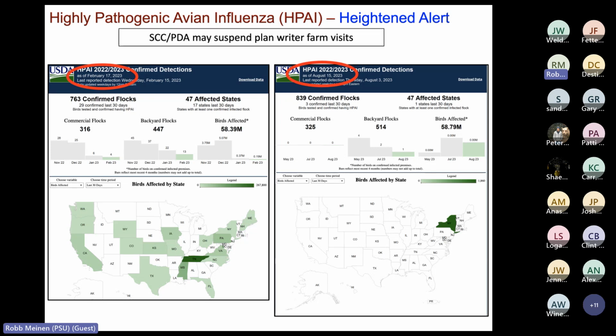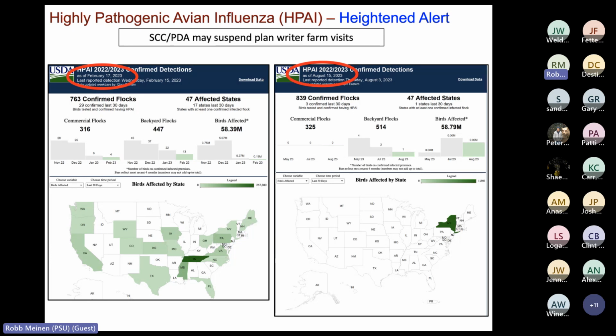So these are just maps of year-to-date confirmed flocks. And you can see in the first graphic, we have 763 confirmed flocks of HPAI across the country by mid-February. That has climbed a little bit, but has greatly slowed down as February waned. And it highlights the importance of seasonality with this.